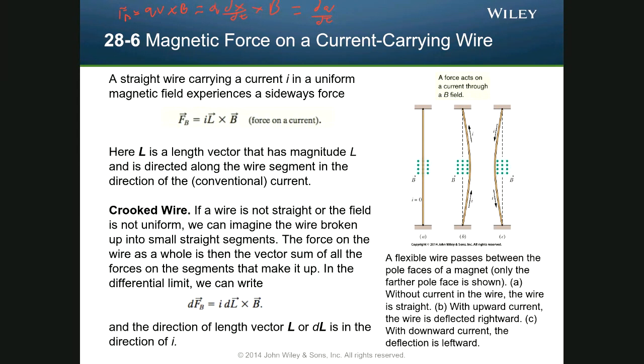I'm going to just call it L cross B, and that equals I L cross B, where the L here is a vector, and the B is a vector.